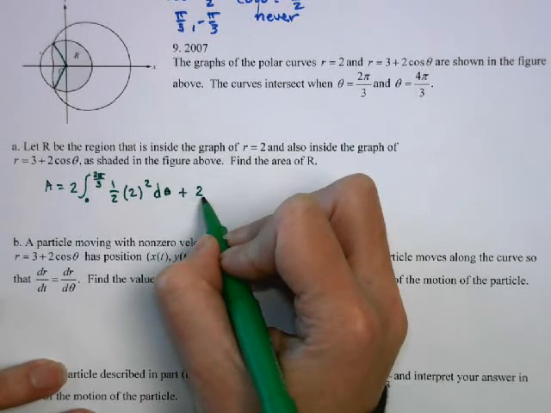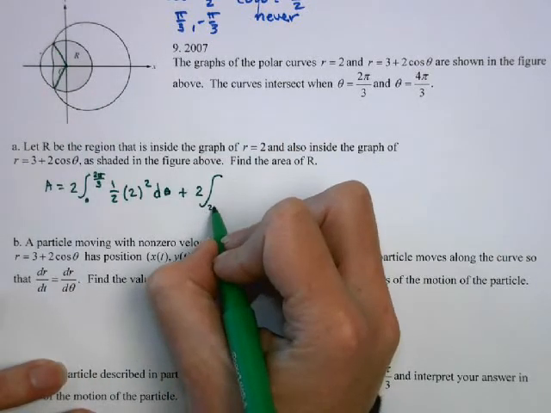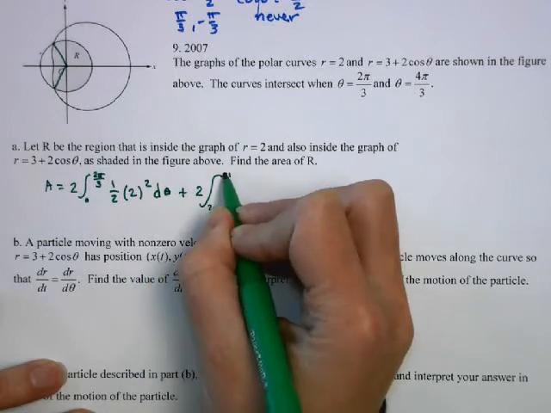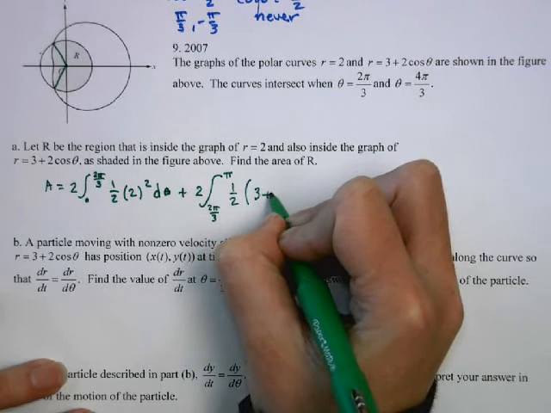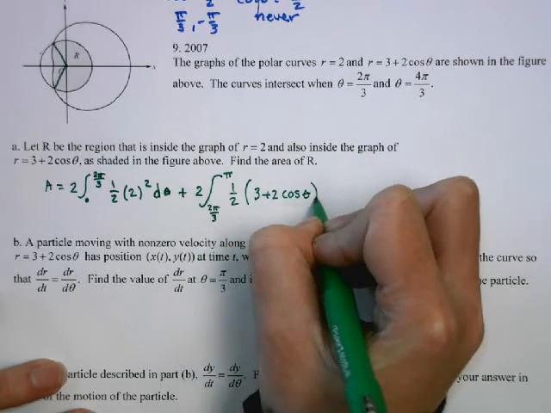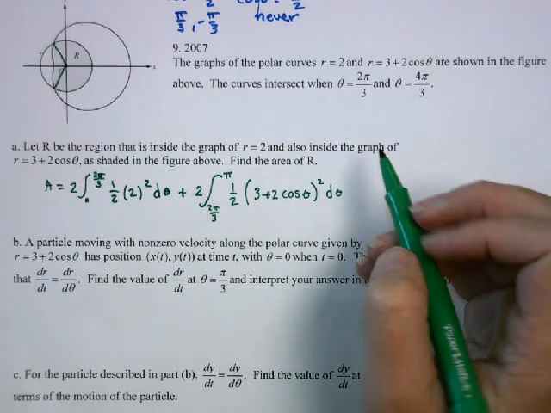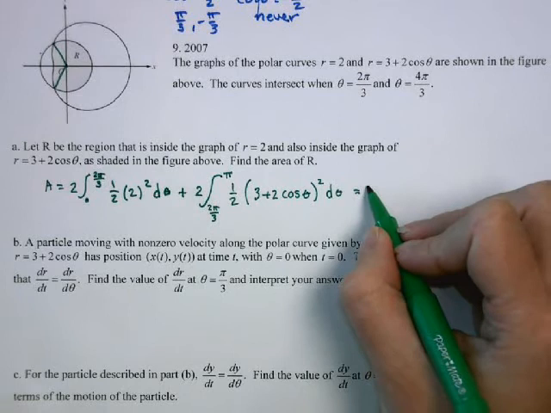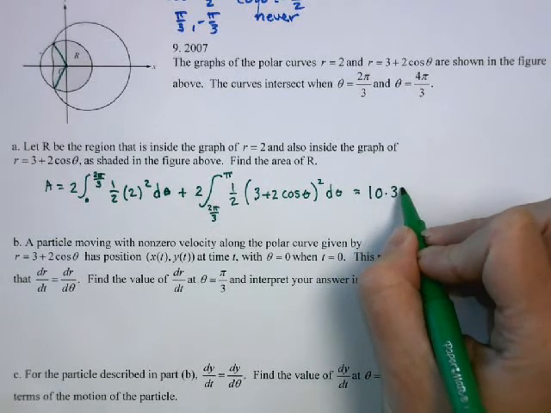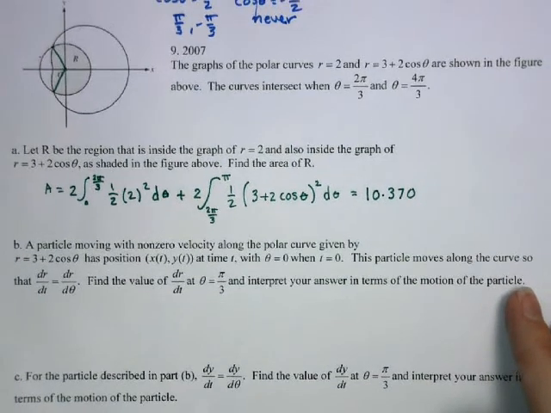Then we're going to add that to 2 times, I'll do this one, from 2 pi over 3 to pi of 1/2 (3 plus 2 cosine theta) squared. Calculator gives us 10.370 for that one.